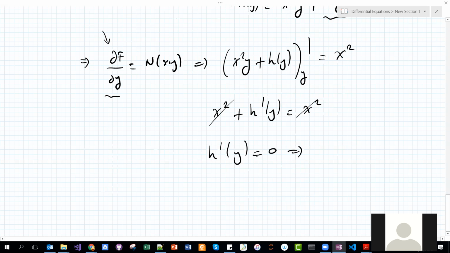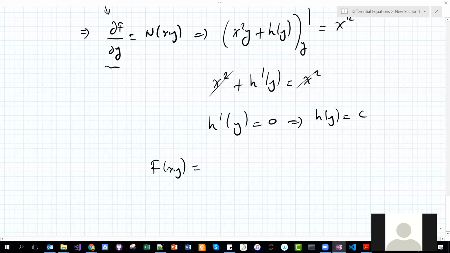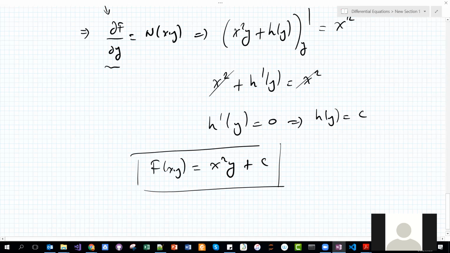To figure out what h is, I need to take the integral of both sides, which is going to be equal to c. So at the end of the day, my solution to this problem, since I found x squared y, and now h of y is just a c, is x squared y plus c.